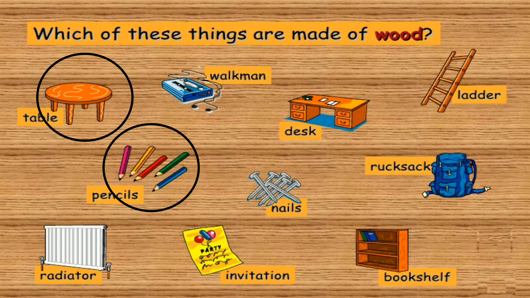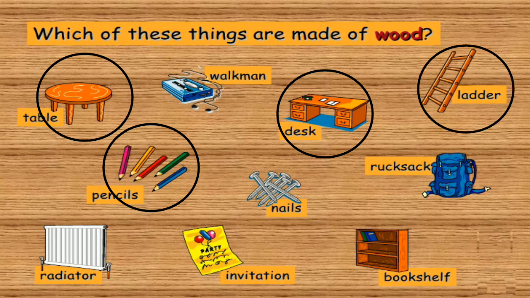So, pencils are also made of wood. Then, desk. So, a desk is also made of wood. Then, ladder. Yes, a ladder is also made of wood. And then, bookshelf. So, a bookshelf is also made with wood. Very good.